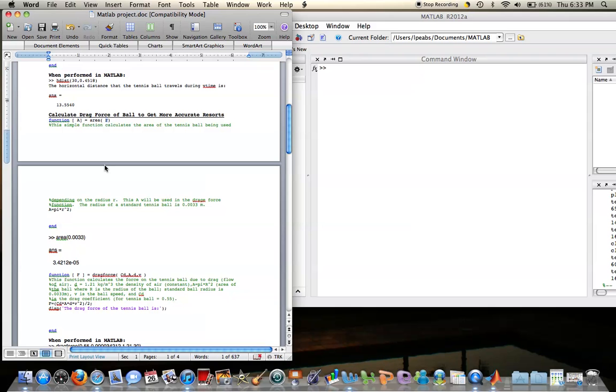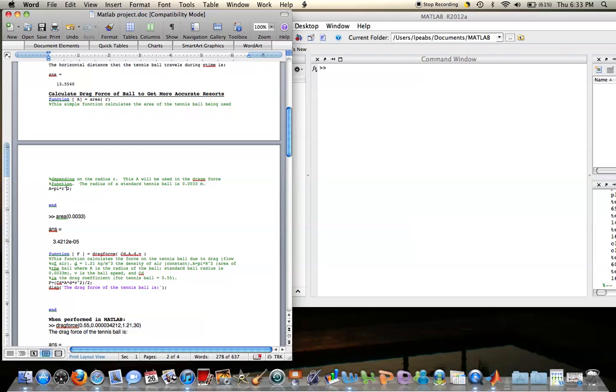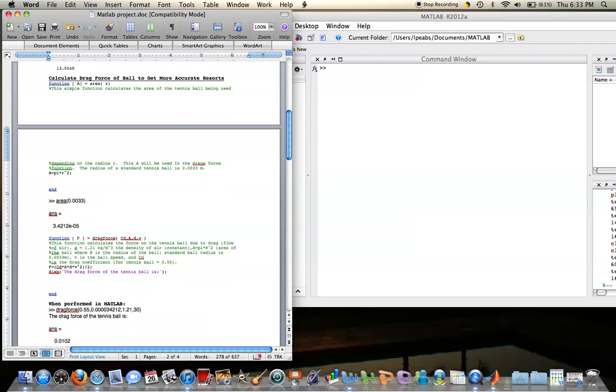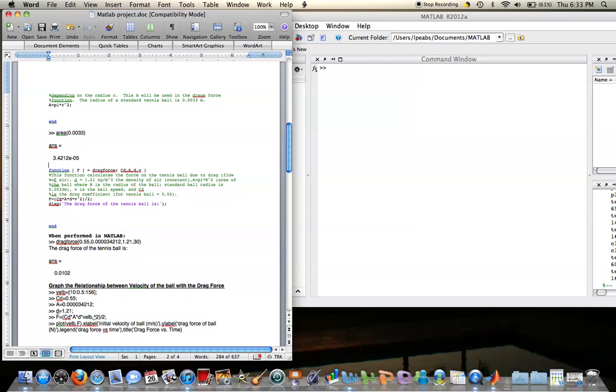The radius of a tennis ball is typically about 33 centimeters, so I put in 0.003 meters. The area is pi r squared, because a tennis ball's a circle. To pull up this function, you just type in area on Matlab and type in the radius of your ball, which should be around 0.0033 meters. And here it gives you the area, which is a very tiny number in this case.